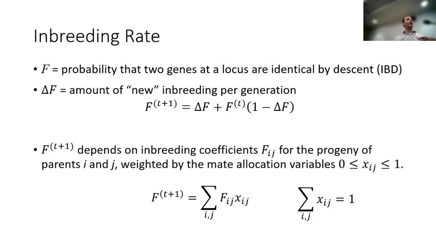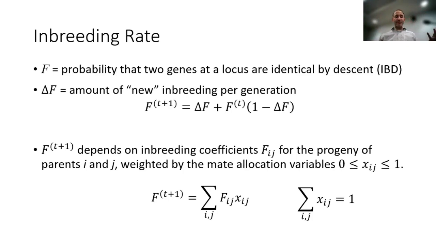It's the contribution or the allocation that the particular mating between individuals i and j is going to represent in the next generation. And those proportions have to add up to 1 because you're completely allocating all of your resources in the next generation. And it's just a weighted average of whatever those inbreeding coefficients are for every given possible mating. That's going to tell you what the inbreeding coefficient overall is in the t+1 generation.